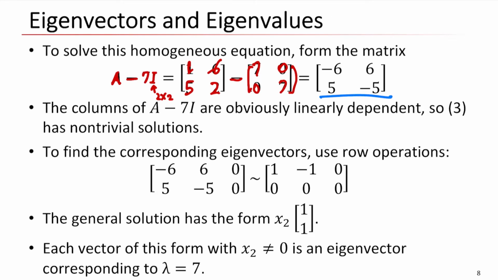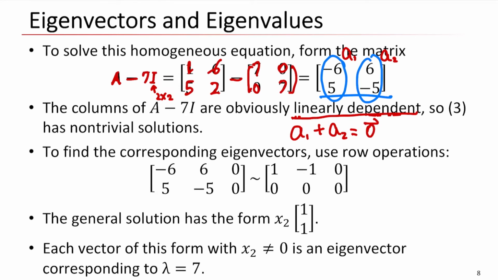From here, there exist two column vectors, right? The columns of this A minus 7I are obviously linearly dependent. Why? Let's say these are A1 and A2, and we can easily show that A1 plus A2 is equal to the zero vector.